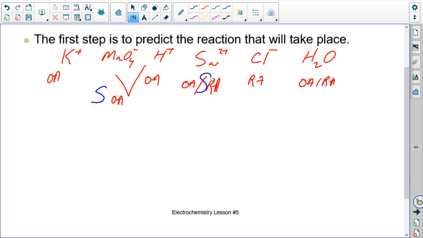So the MnO4 is your strongest OA with hydrogen, and your tin 2 is your strongest RA.